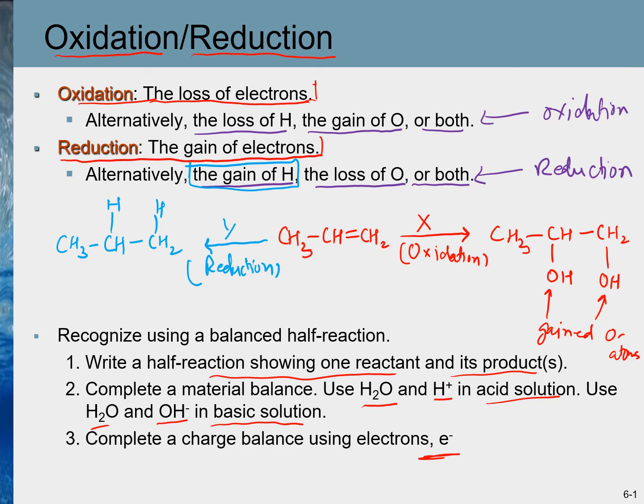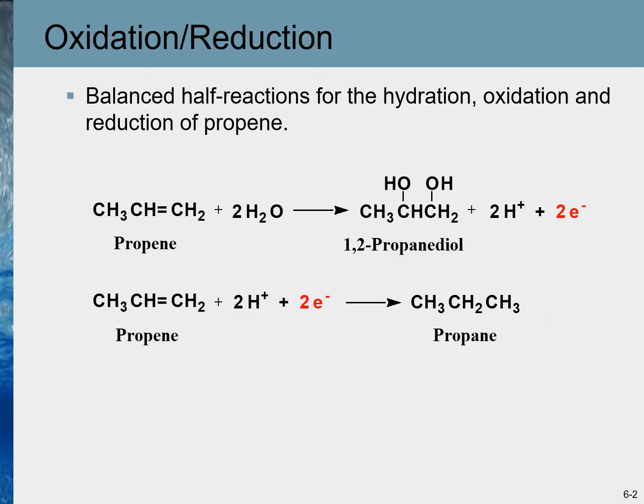After the two individual half reactions are balanced, we add them up to get the completely balanced redox equation. The method of balancing the half reactions is the same as what we learned in the previous course of general chemistry.